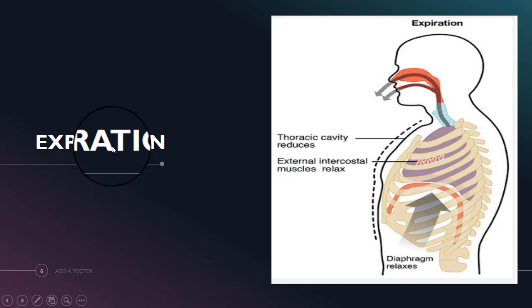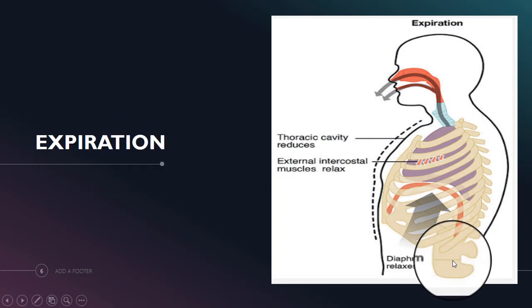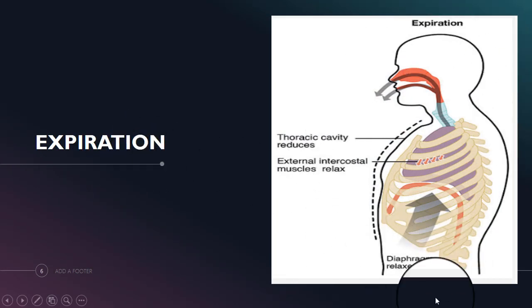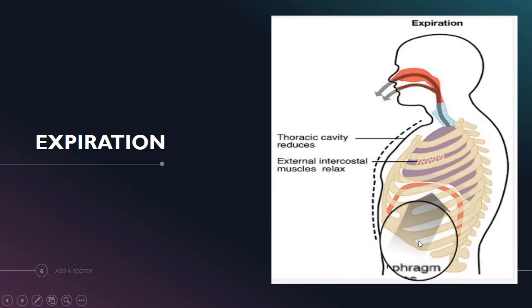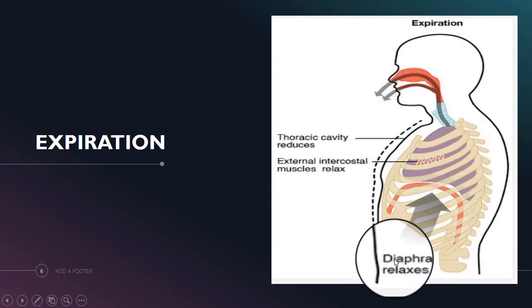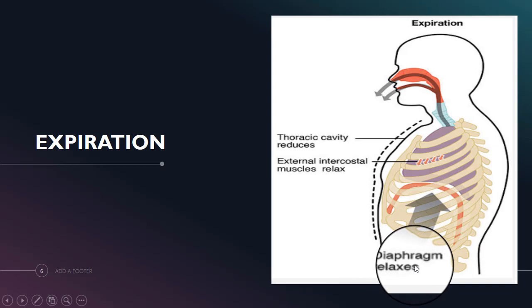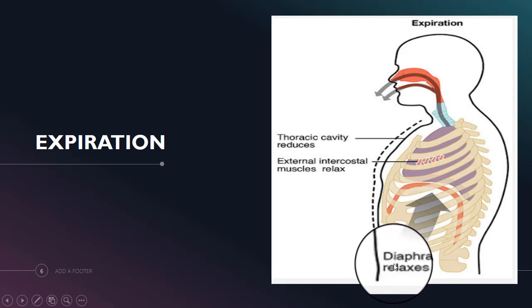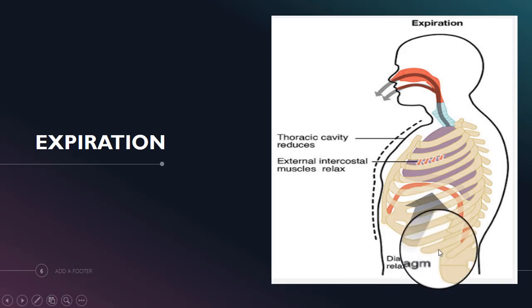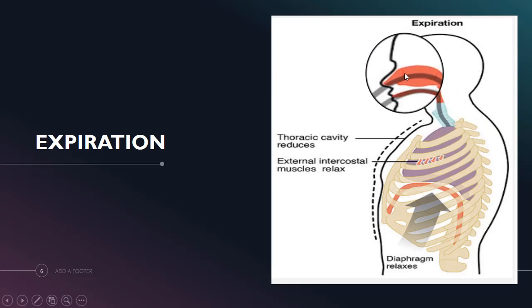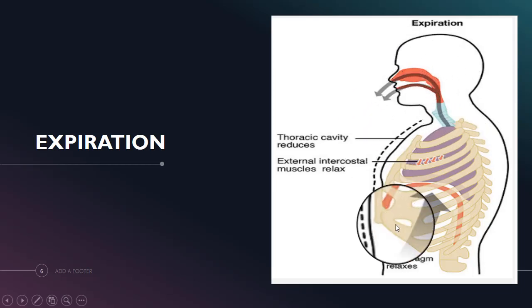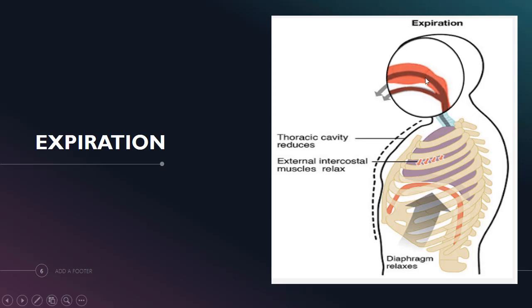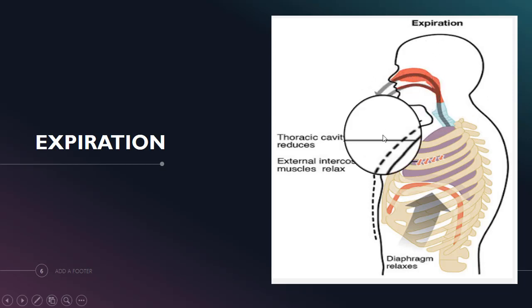Now next we'll talk about the process of expiration, meaning breathing out, in an elaborated manner, the process of passive expiration. Expiration is a phase of ventilation in which air is expelled from the lungs, and it is initiated by the relaxation of the inspiratory muscles, that is the diaphragm and external intercostal muscles.